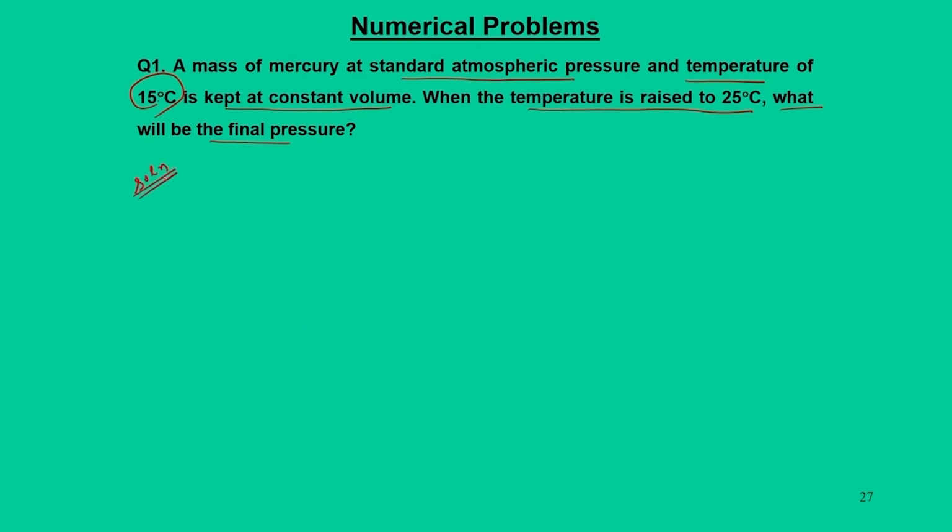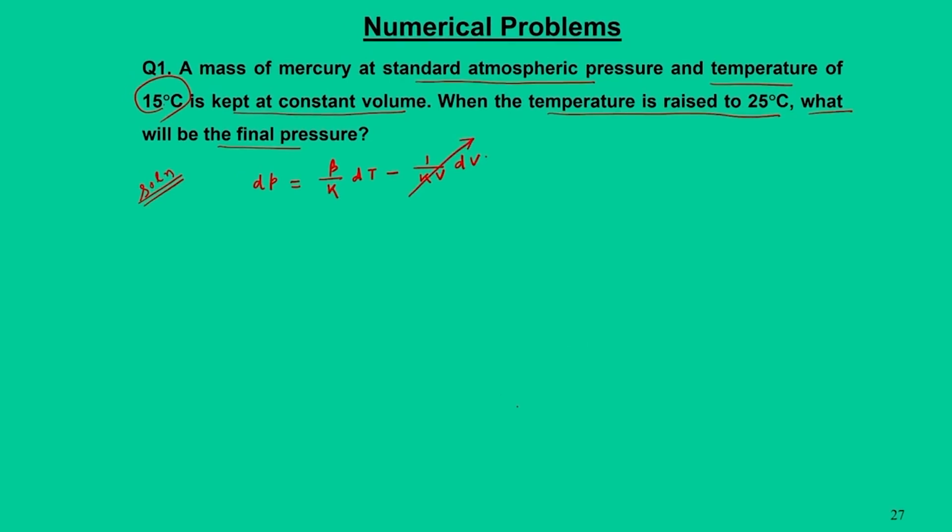So, we have to recall our very basic understanding. From the last slide we derived the expression dP = (β/κ) dT − (1/κV) dV. Here the system is at constant volume, so dV goes to 0.